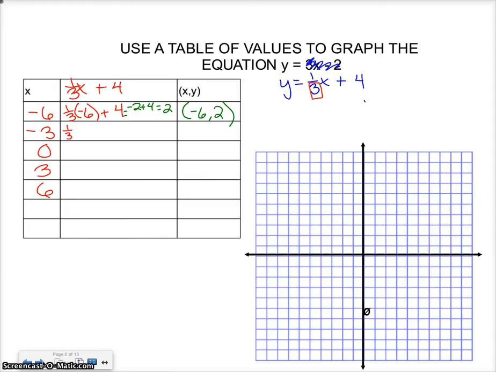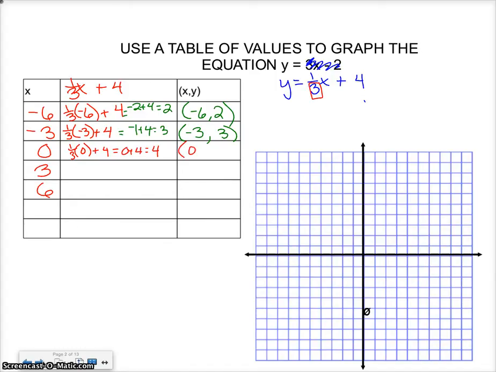One-third times -3 plus 4. -3 divided by 3 is -1 plus 4, which is 3. So I have -3, 3. One-third of 0 plus 4 is 0 plus 4, which is 4.